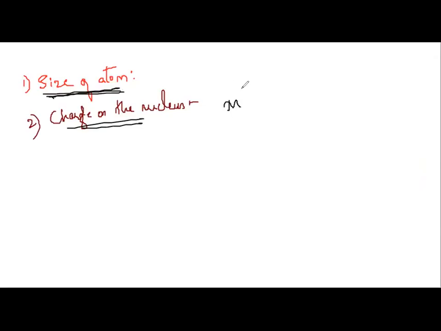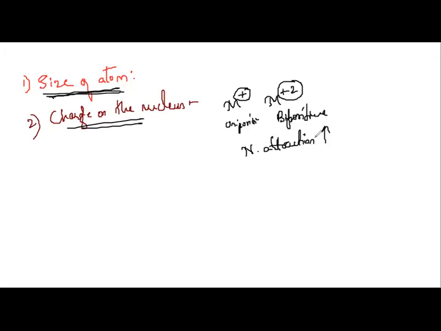So let me say I have a unipositive cation and a plus 2 cation. This is unipositive and this is bipositive. The charge on the cation is increasing, which means the nuclear attraction is increasing and the electrons are held more strongly.